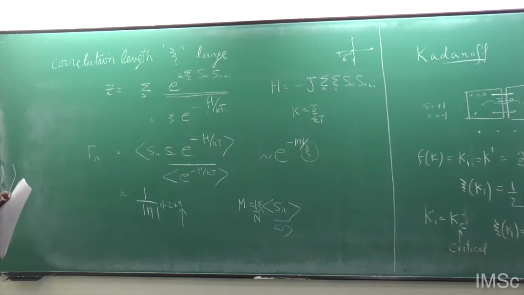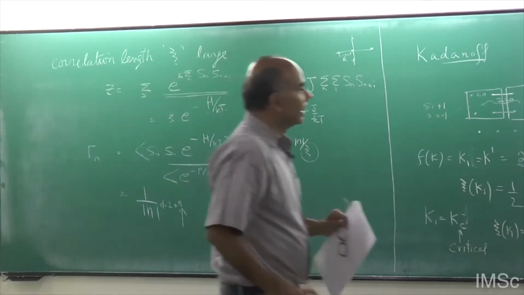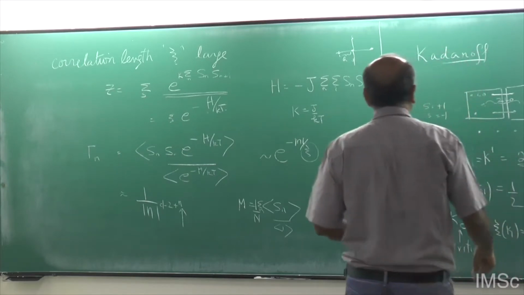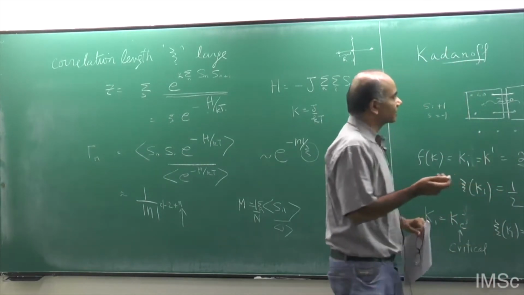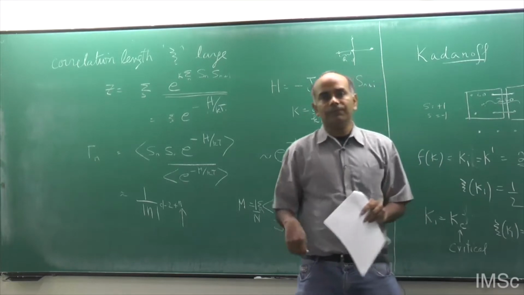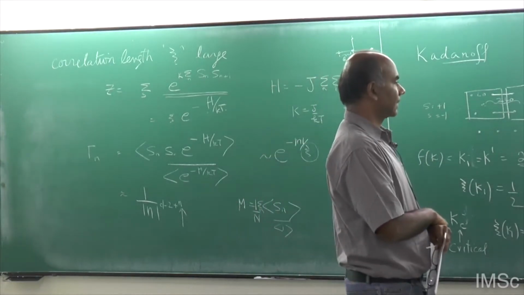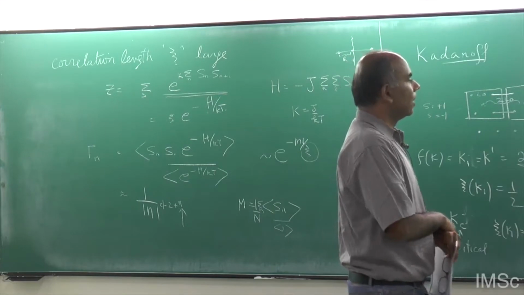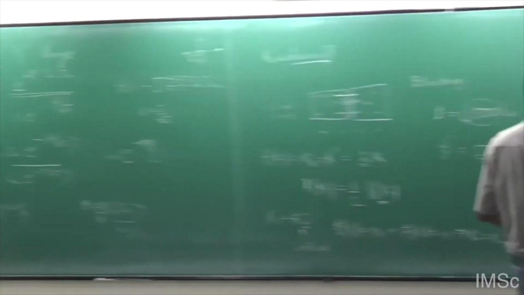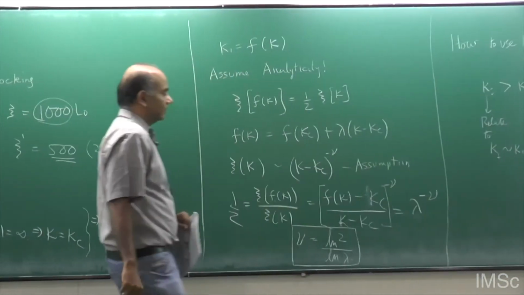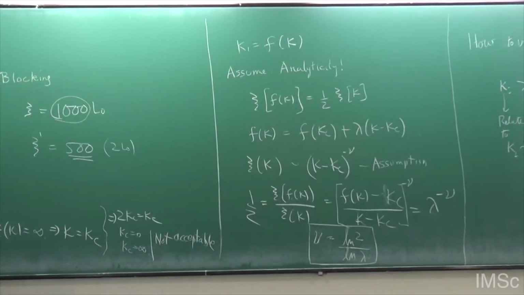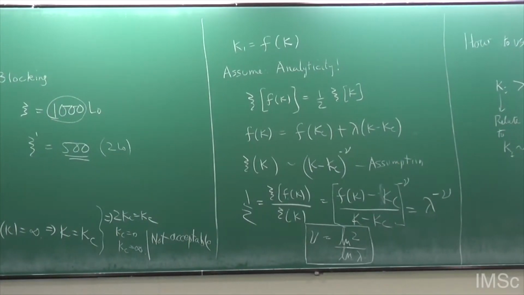Can you say a little bit about this assumption? Analyticity. The analyticity assumption is crucial. The assumption that psi goes like a power law is because it diverges, so the only way is some physical input.